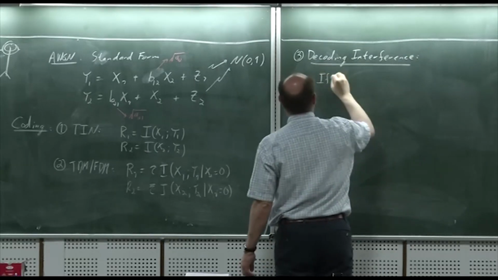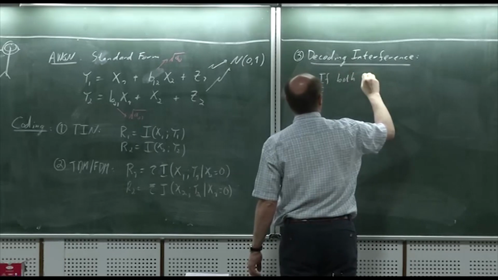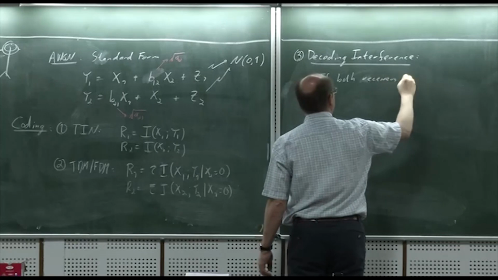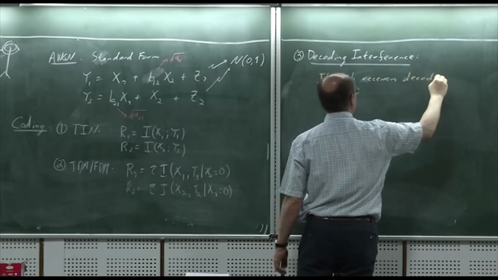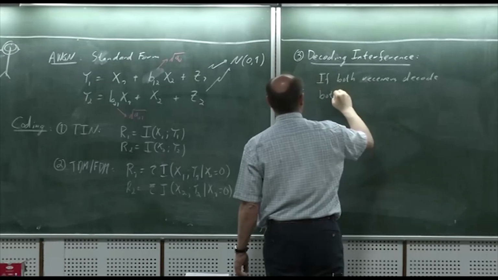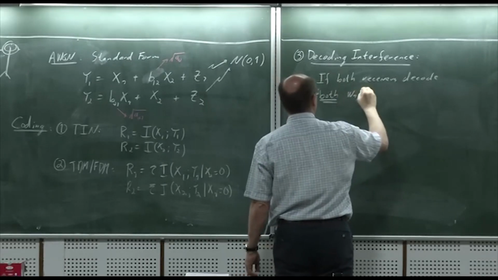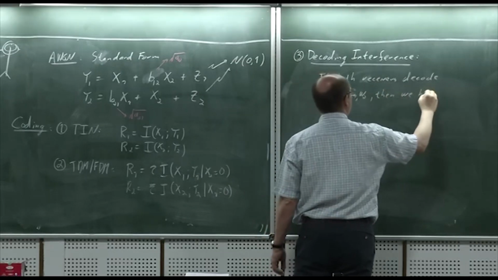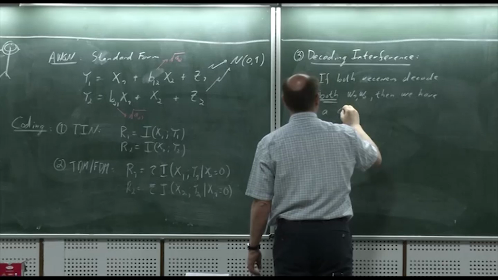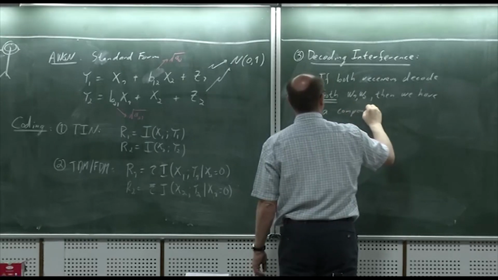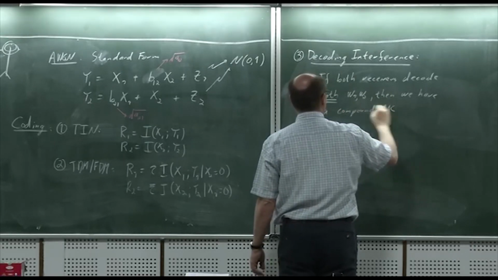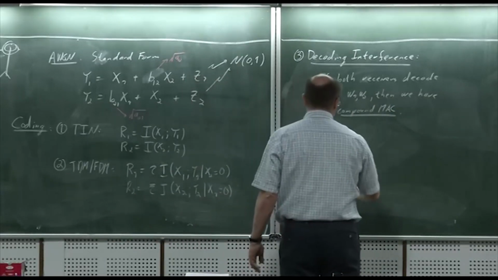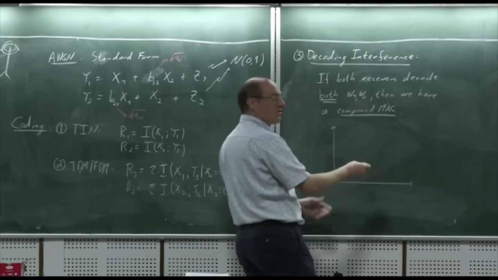If both receivers decode both W1, W2, then we have a compound MAC as our model, for which the capacity region is just the intersection of the two capacity regions.